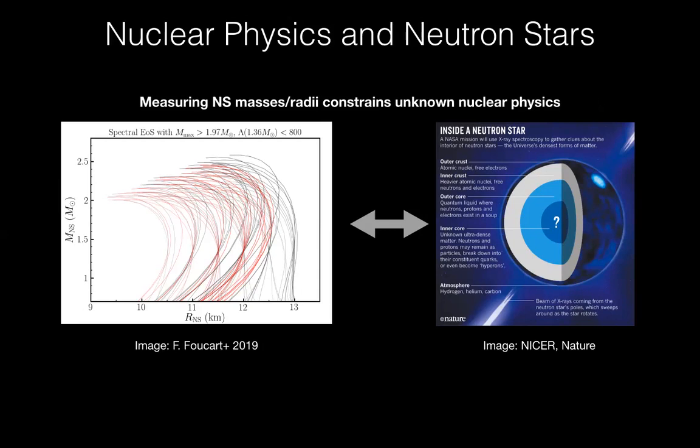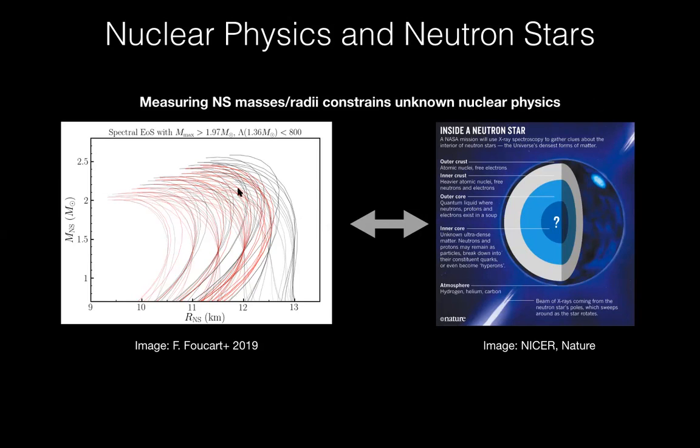And for any nuclear physics model that you might have for the internal properties of neutron stars, for the properties of dense nuclear matter, you are going to be able to build an equation of state, so pressure and internal energy as a function of density, temperature, composition.